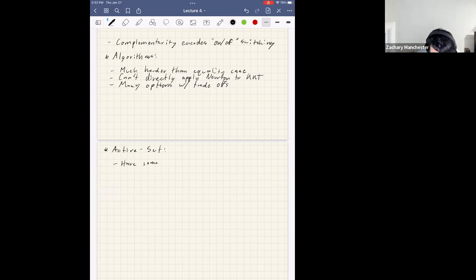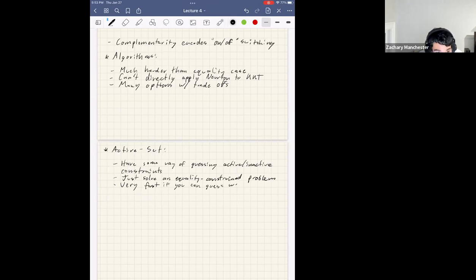That can work really well, depending on how good your guessing is, and there are good instances of this in control. The advantage here is this is super fast if you have a good heuristic for guessing. If you don't have a good way of guessing, it's very bad.